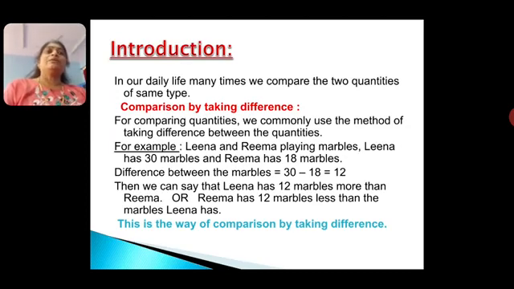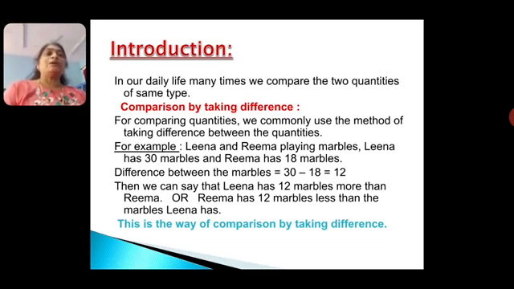Now, basic introduction. Students, in our daily life, many times we compare two quantities of the same type. For comparing quantities, we commonly use the method of taking the difference between the quantities. For example, Leena and Reema are playing marbles. Leena has 30 marbles and Reema has 18 marbles.